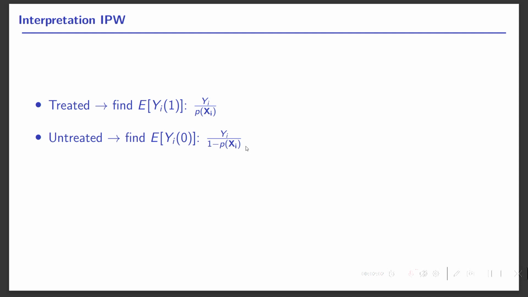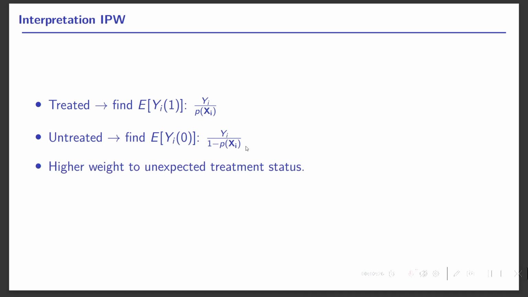And since we know that their potential outcome is similar to other people who were not treated, we can use the person who has been treated as a good counterfactual outcome for the other people. To summarize then, we always assign a higher weight to unexpected treatment status.